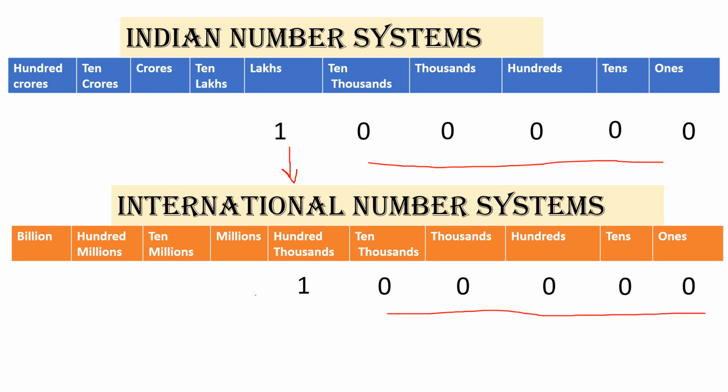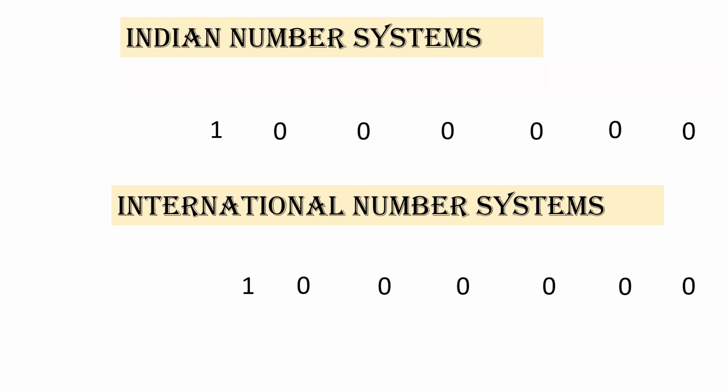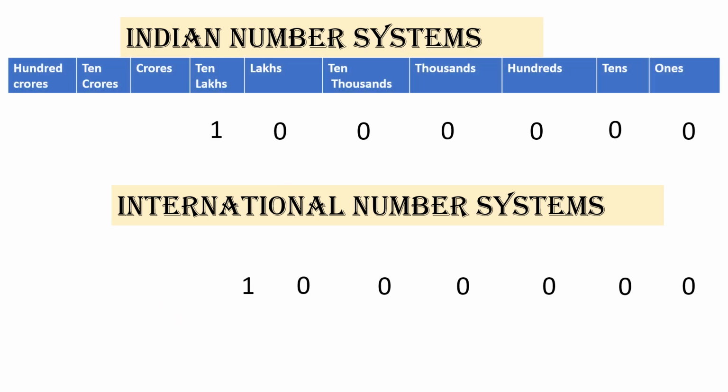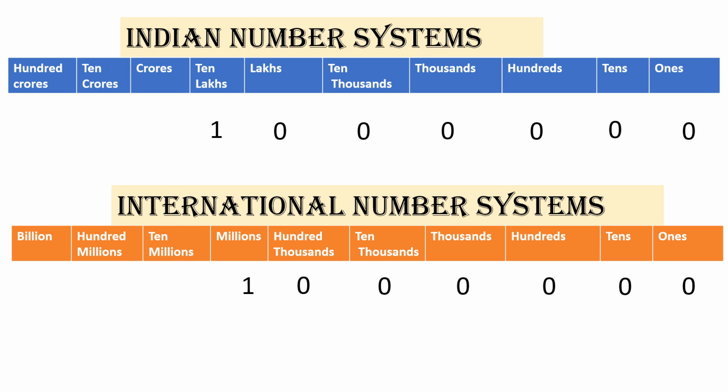We have difference in these sides. Okay, so let's check another digit. Now let us count how many digits we have. We have 1, 2, 3, 4, 5, 6 zeros. So in total we have 7 digits, both for Indian number system and international number system.